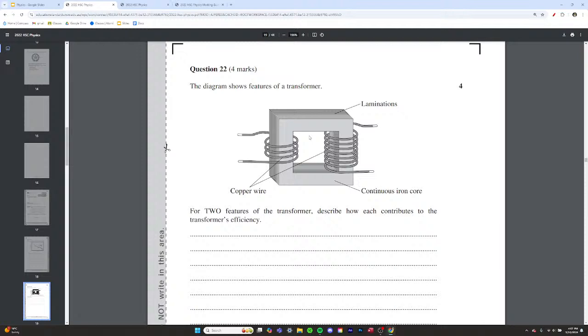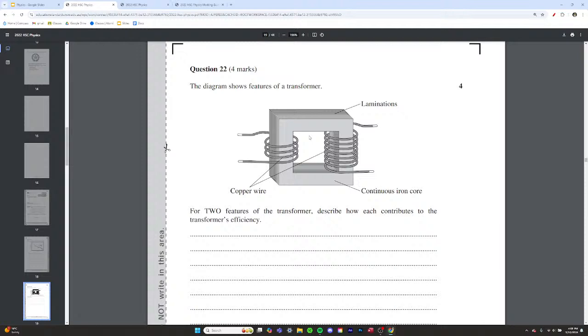Well, two features. Obviously, the more turns in the second wire, that means a greater voltage. If you do VP over VS equals NP over NS, so if it's 3 over 6, that means there's a greater voltage in the second wire. And also that it's laminated.